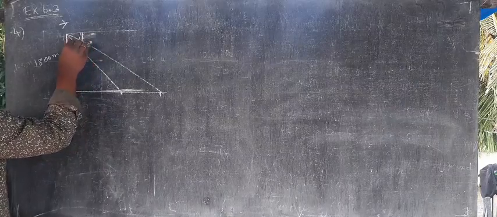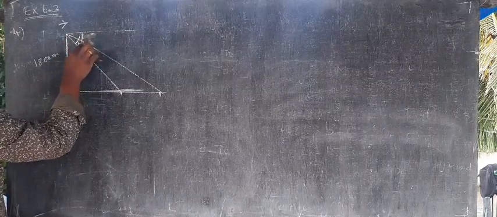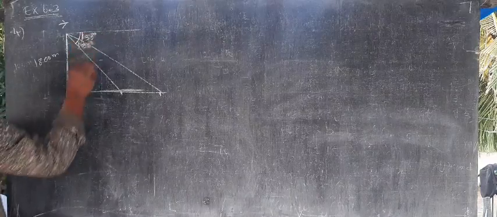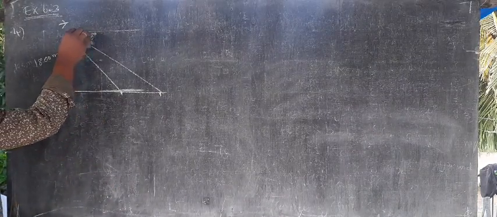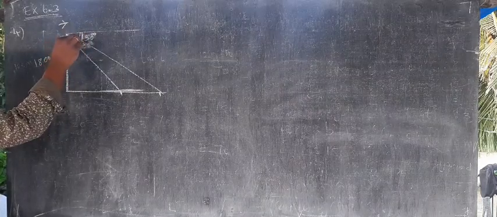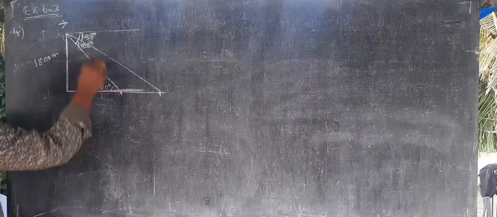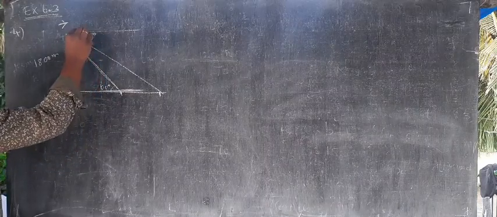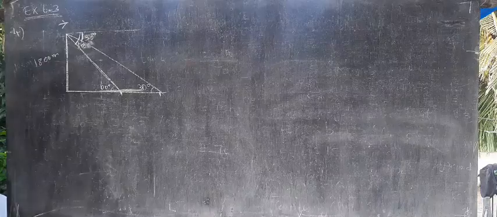The long one is 60, the first boat. The second one is 30 degrees. The 60 degree boat will be here, and this one here touches 30 degrees. Opposite angles.